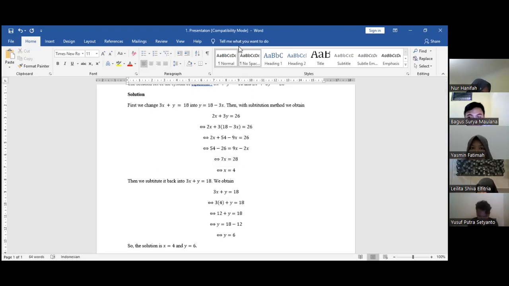Okay, if we want to write it as a point, what is the form of x and y? If the solution is x equal to 1 and y equal to 3, we have 1,3, that's the point.